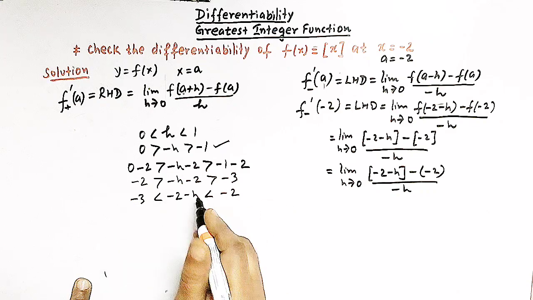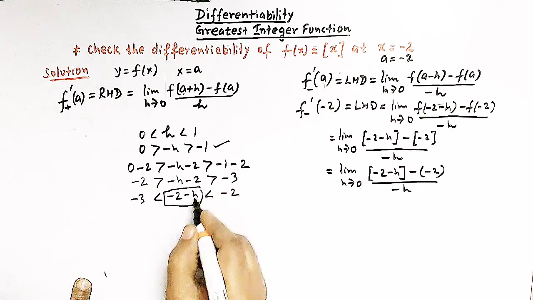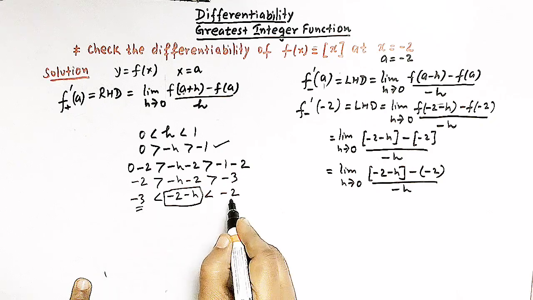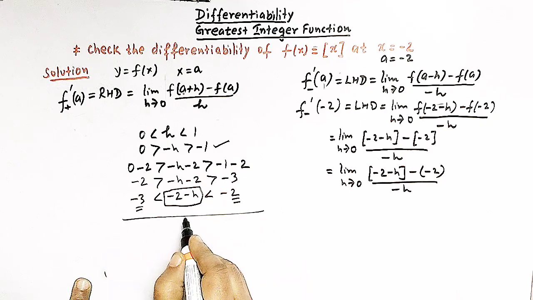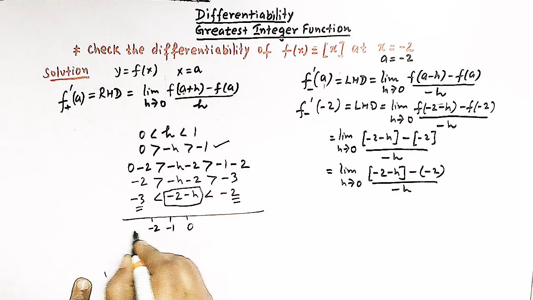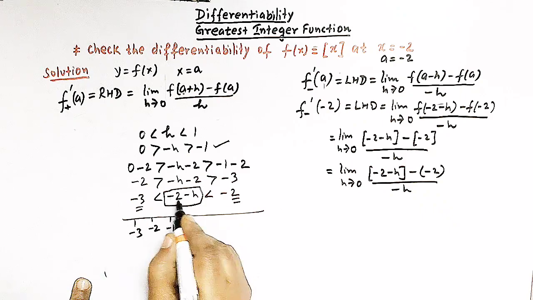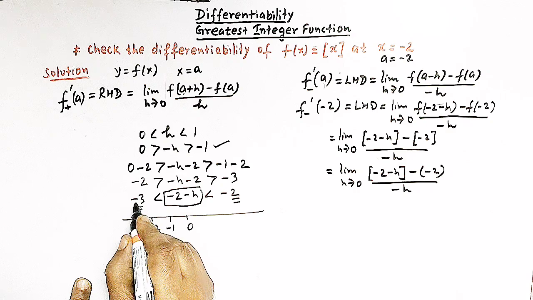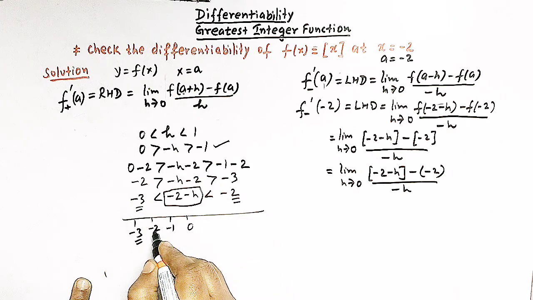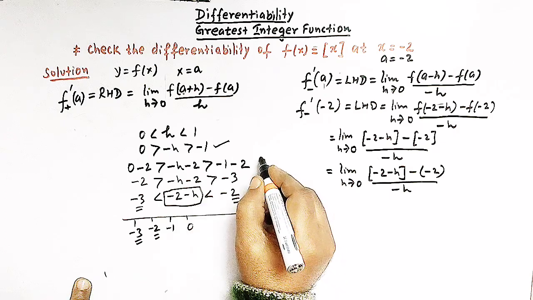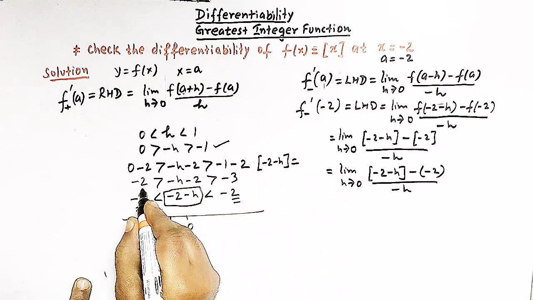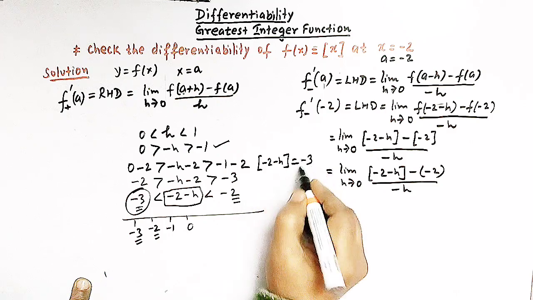So this inequality suggests that minus 2 minus h lies between minus 3 and minus 2 on the real number line. So the greatest integer of minus 2 minus h must be equal to minus 3, right?